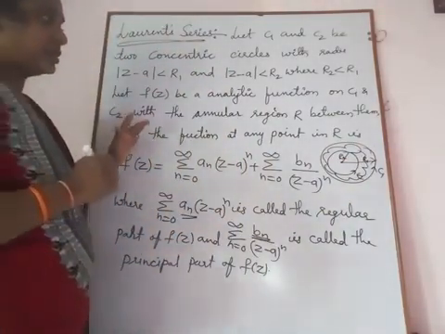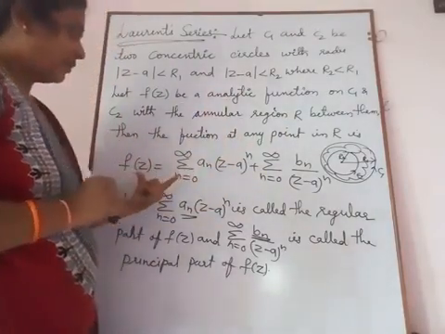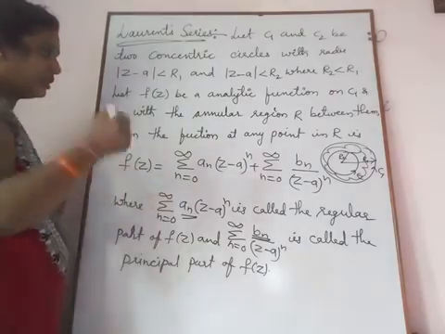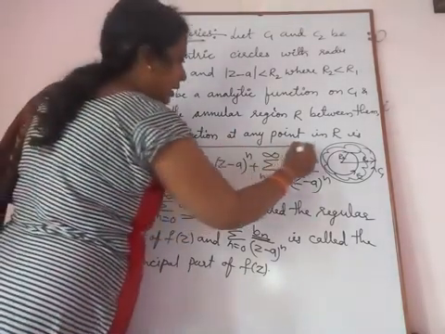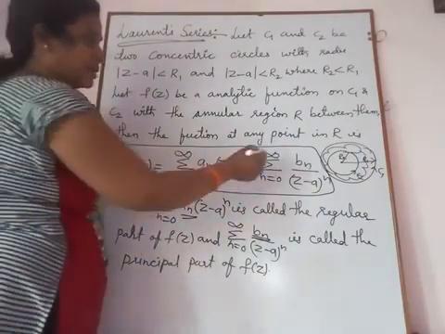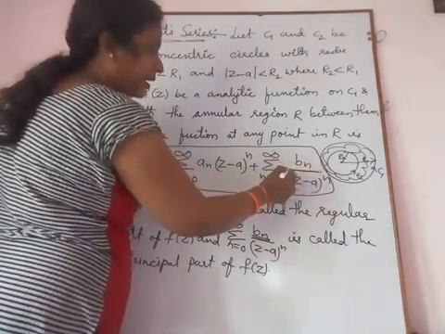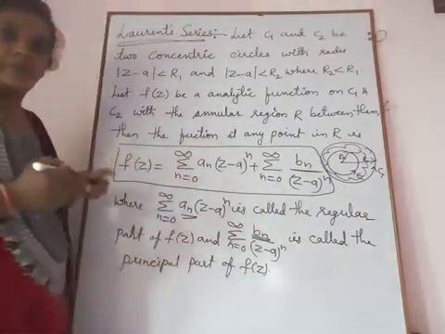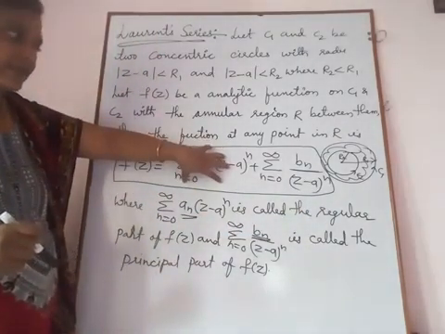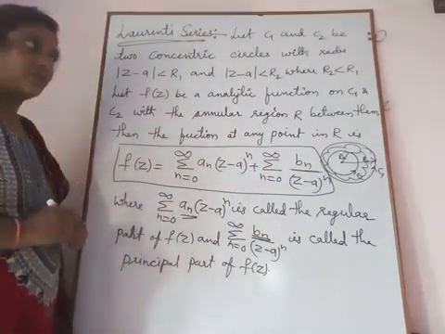Then the function is defined at any point in capital R. Then the function f of z is equal to sigma n equal to 0 to infinity an z minus a whole power n plus sigma n equal to 0 to infinity bn by z minus a whole power n. Here the first part is called the regular part, the second part is called the principal part of function f of z.